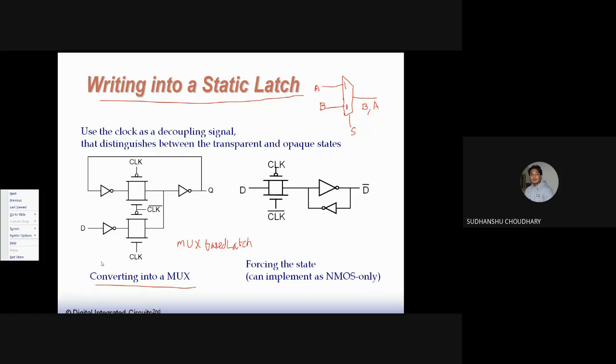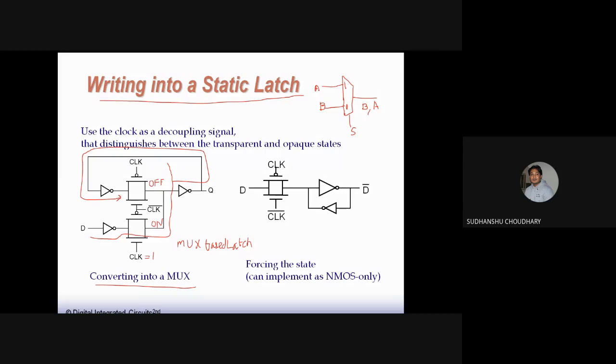So let us try to understand the operation of this latch. When clock is high, this transmission gate is on. When clock is 1, this transmission gate is on and this one is off. So when clock is 1, the D input comes in from here, goes to this point, takes this path and comes over here.